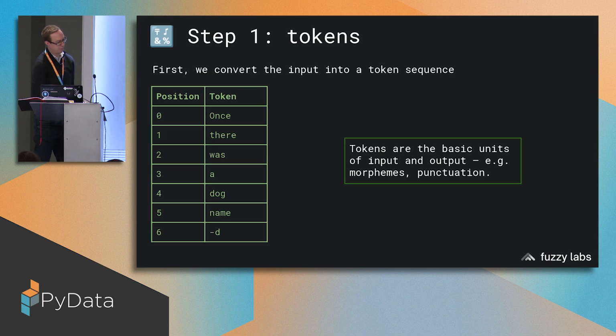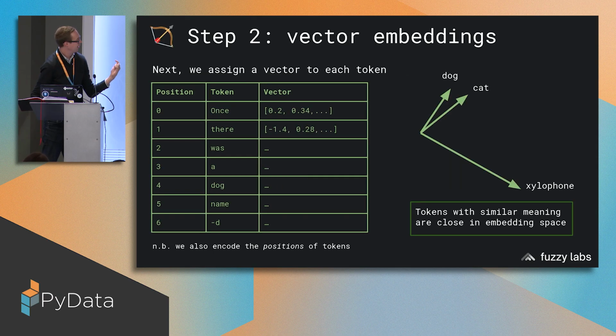I've not picked a great example here, because actually our tokens are all words, with the exception here where you could divide named into name and a final d, because that makes it a past tense verb rather than a noun. So those are distinguished as tokens. But you can imagine with bigger words, like transformer is transform and an -er ending, which you find in other words, and so on. So that's the idea of tokenization.